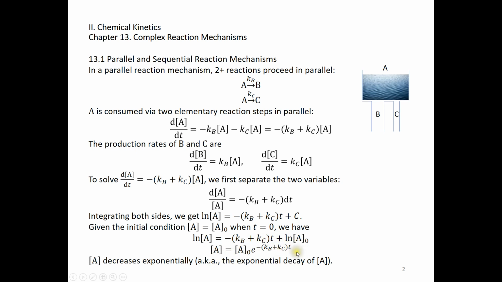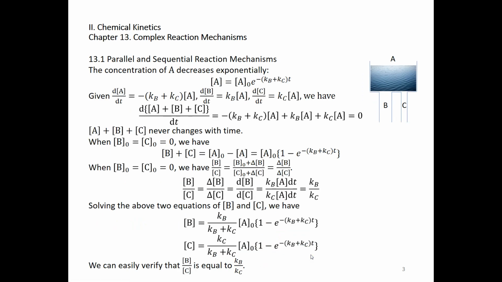You can see this A decreases exponentially, and sometimes we call this exponential decay. It resembles the simple first order reaction rate. Again, the concentration of A decreases exponentially in this parallel mechanism.